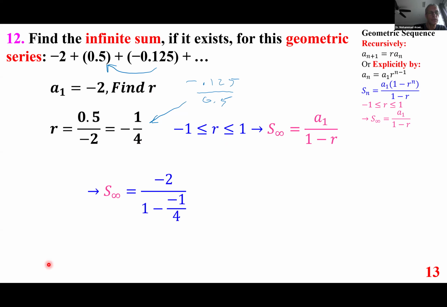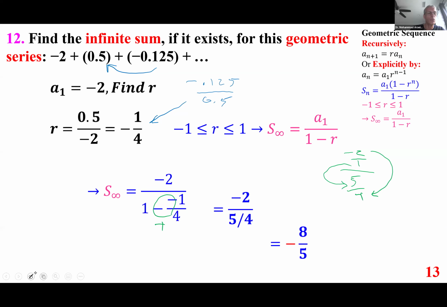And of course, this is 1 plus 1/4, or 5/4. And -2 divided by 5/4. That means, let me write it here, -2 over 1, 5 over 4. You're dealing with a complex fraction: the product of these two over the product of these two, which is -8 over 5, which is an exact answer.